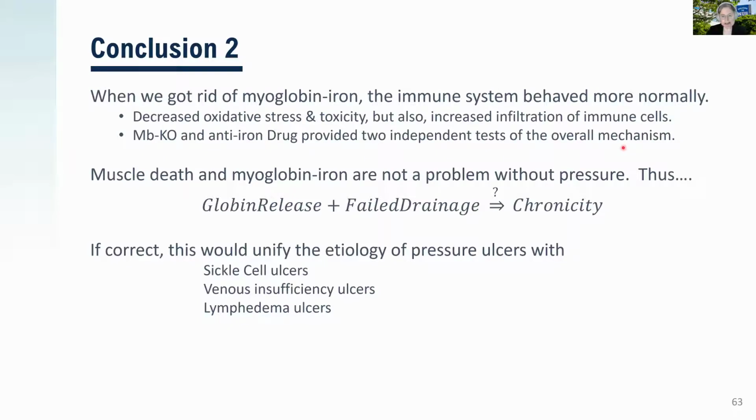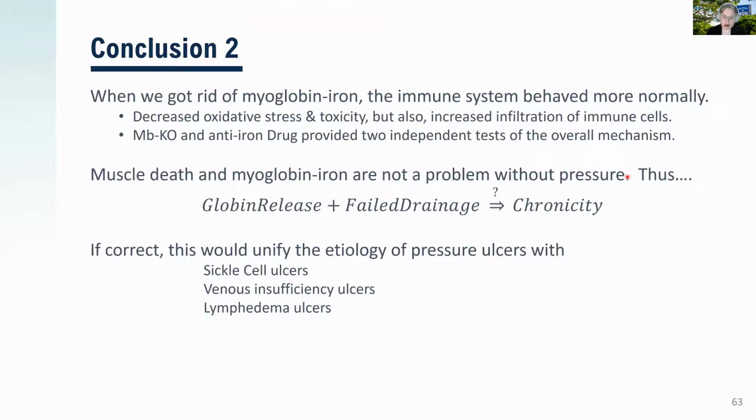But because we did this comparison wound, a healthy control healing with the cardiotoxin injury, that healthy control wound shows us that you can kill a lot of muscle and by definition release a lot of myoglobin, and that is not a problem for regeneration if there isn't pressure.